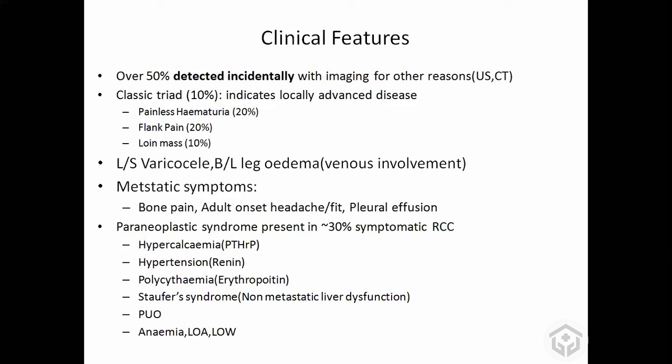They secrete parathyroid-related protein causing hypercalcemia, secrete renin causing hypertension, secrete erythropoietin causing polycythemia, and they affect liver function, with a lot of paraneoplastic syndromes. So medical students remember this. Because of that, we used to call it the medical student's tumor or the internist's tumor, because whatever you study in paraneoplastic syndromes you will never see, but here it is very common.